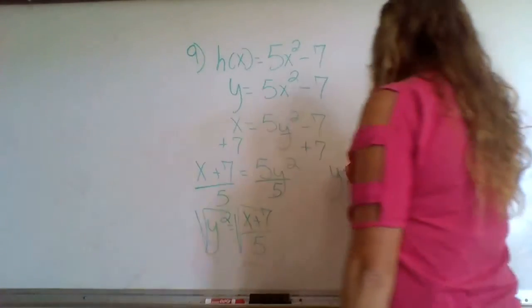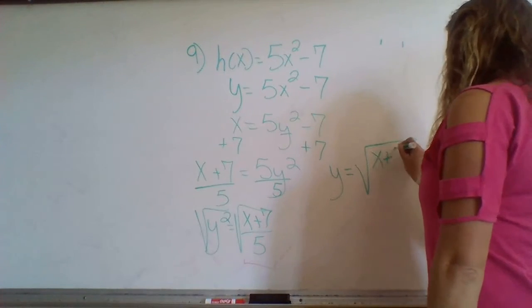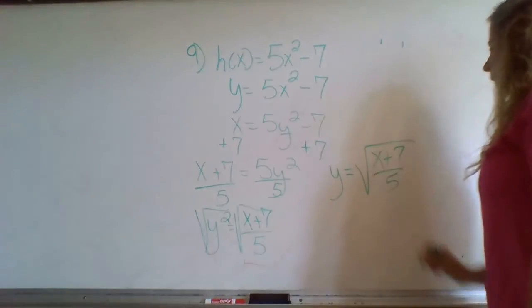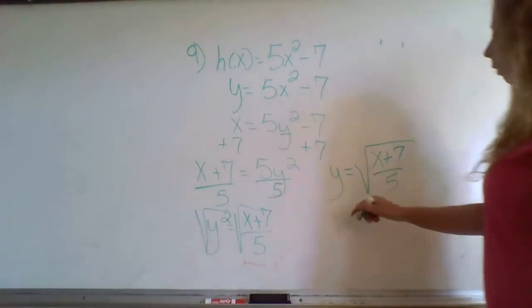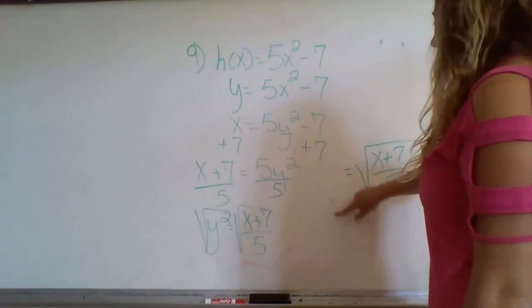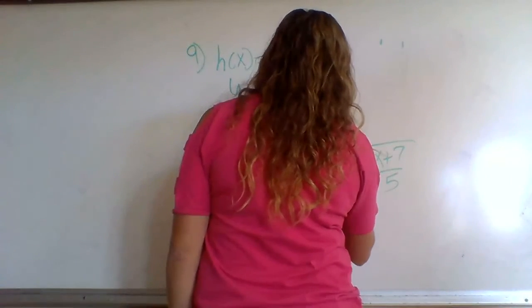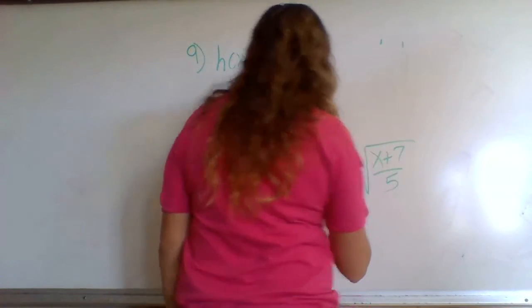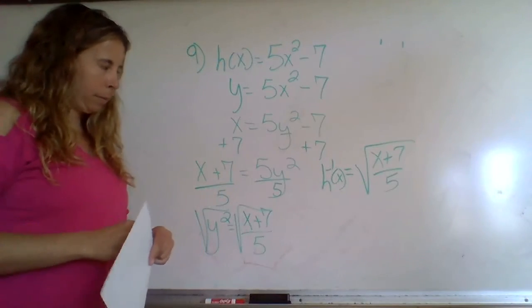So y equals the square root of (x plus 7) over 5. So that is your inverse. Instead of y, you can change this back, and this would be h of negative 1 of x equals that.